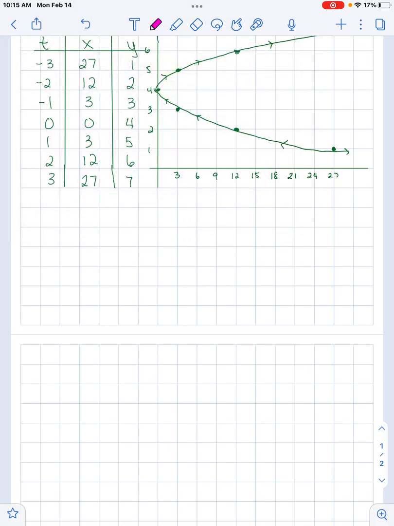Let's look at limits of a vector. Nothing too crazy here. When we talk about limits, if we have a vector r of t that has x and y components, then we can find the limit of this vector.